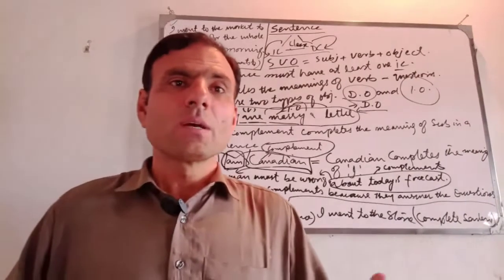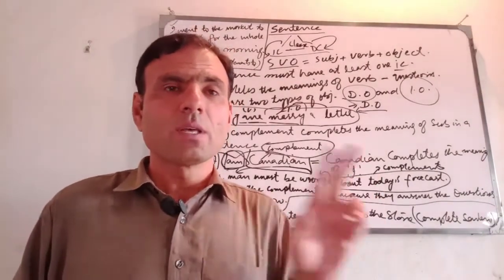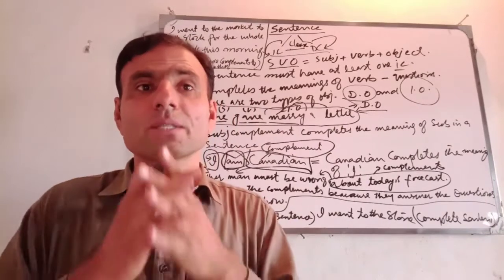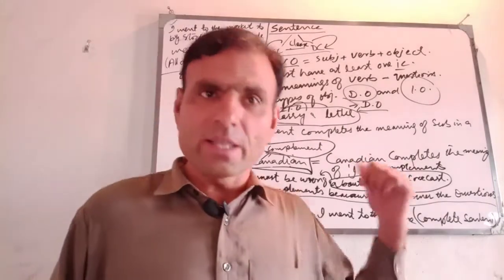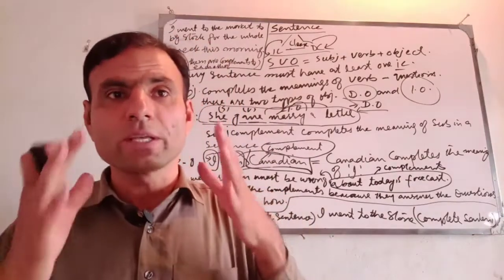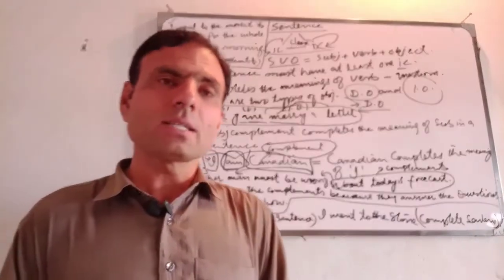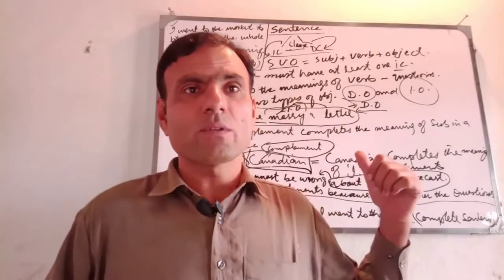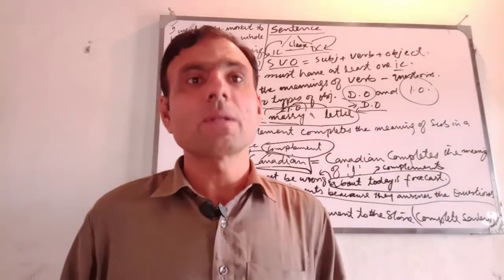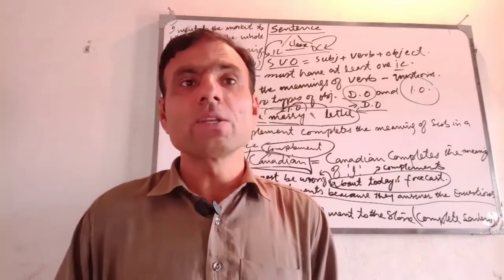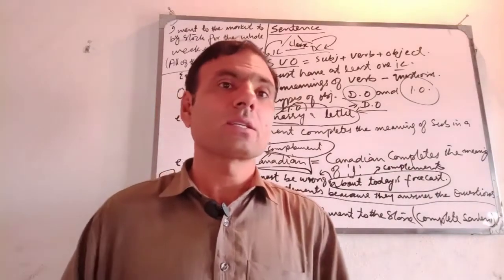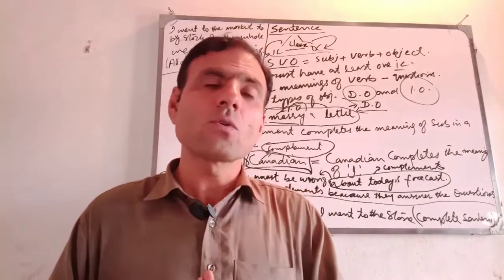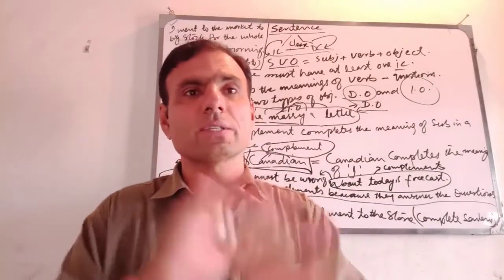"Must be wrong." There are two meanings of "must." Must tells us about possibility, and must tells us about obligation or necessity. In this sentence, must doesn't tell us about obligation or necessity; it tells us about possibility. For example, last night we heard in the news that the forecaster said there would be rain today. But when we got up in the morning, it was a sunny day and the weather was clear.